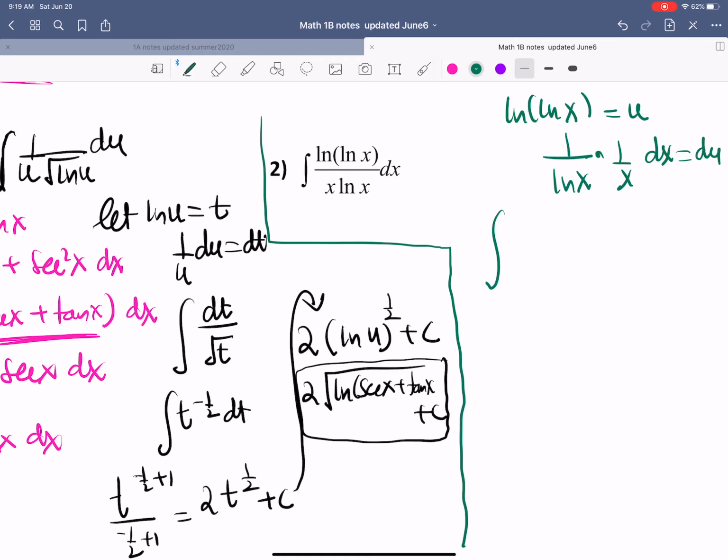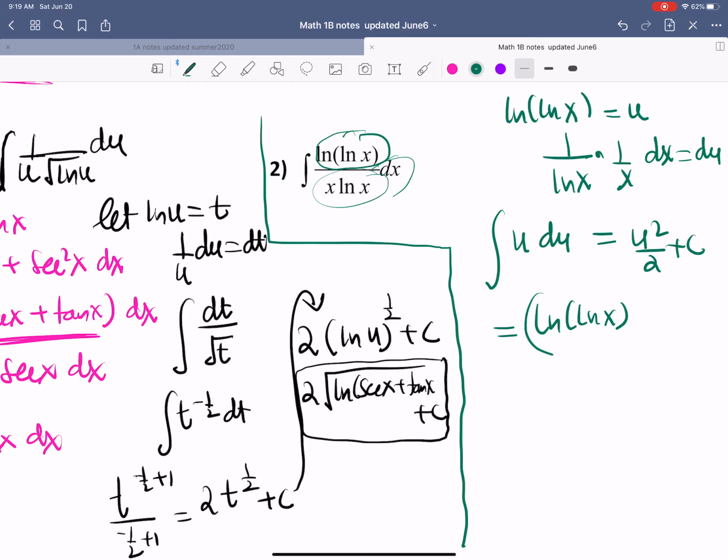So now my integral turns very nice. All I have is u du, because the whole denominator with the dx turns into du. That's u squared over 2 plus c. u is natural log of x, so natural log of x squared over 2 plus c, and that is my integral here.